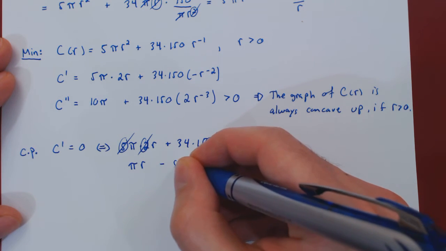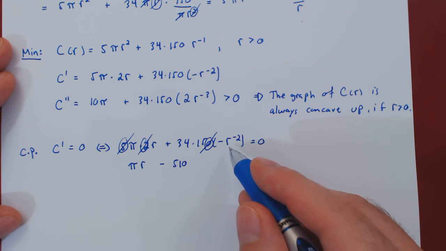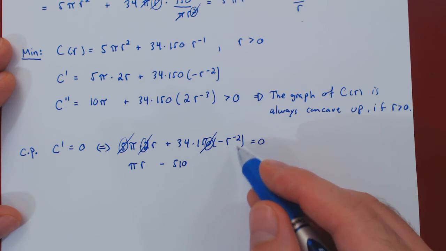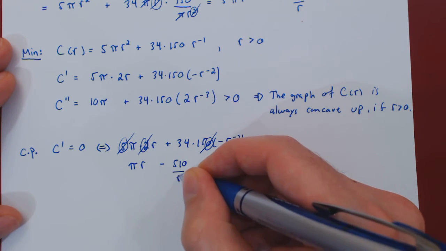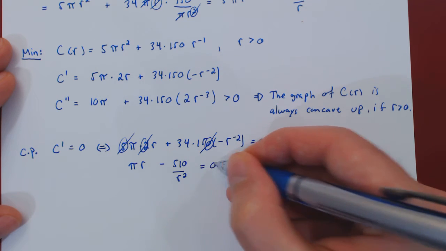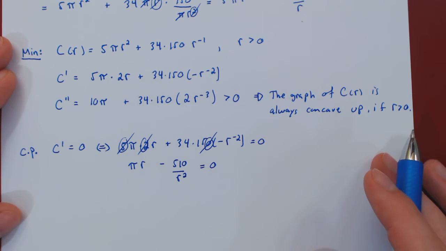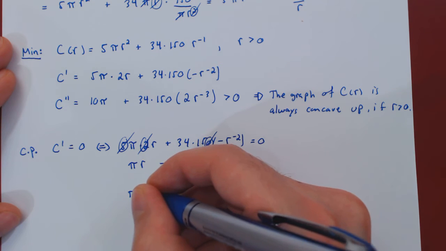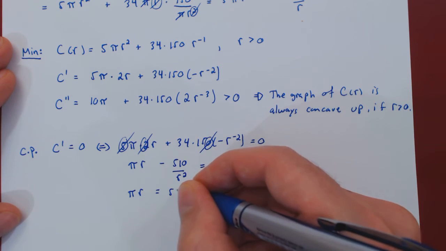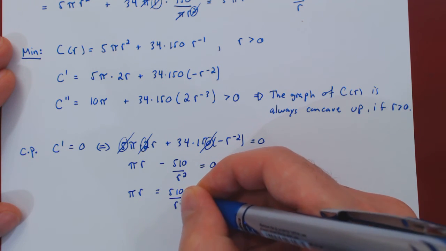Negative, so negative 510. And I'll write the r to the negative 2 as a 1 over r squared. This has to be 0. Let me send this onto the other side. So pi r must equal 510 over r squared.